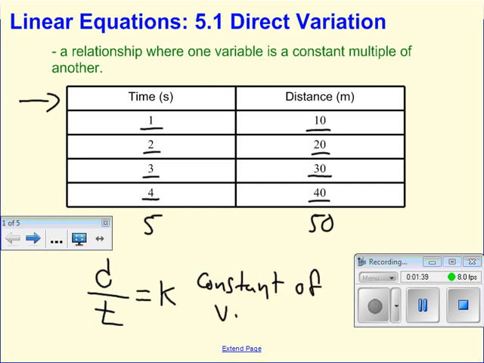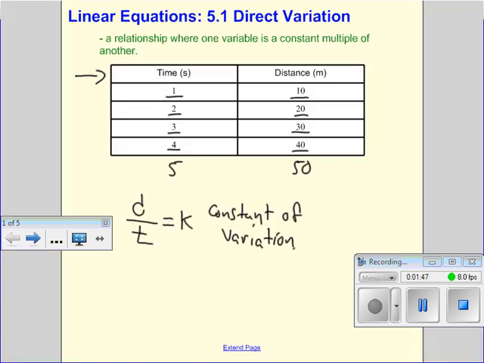Now this constant of variation in this case will simply be 10 over 1, which equals 10. So every time I go up 1 in time, I know I'm going to go up 10 in meters.